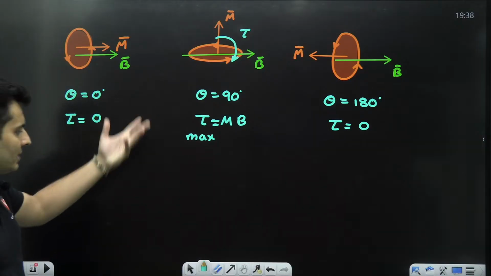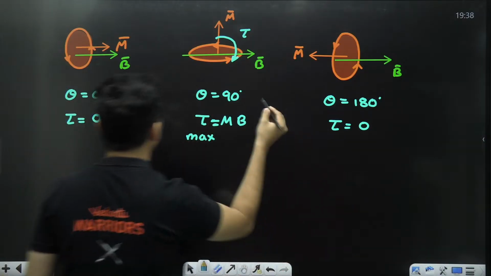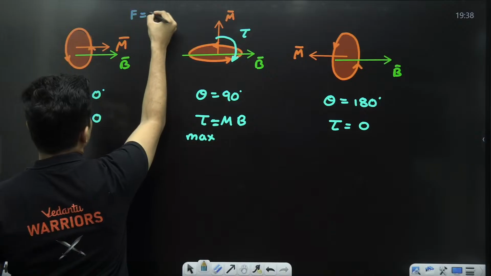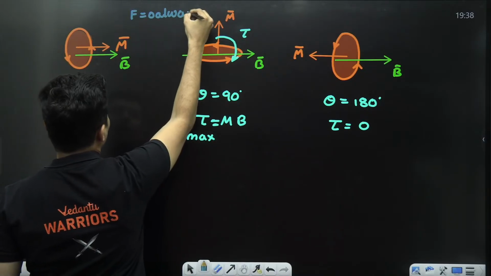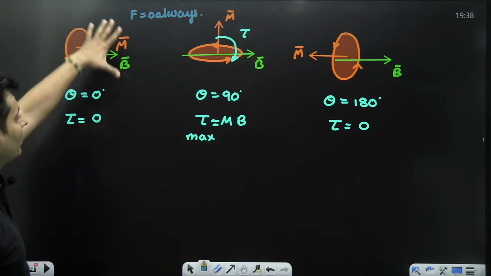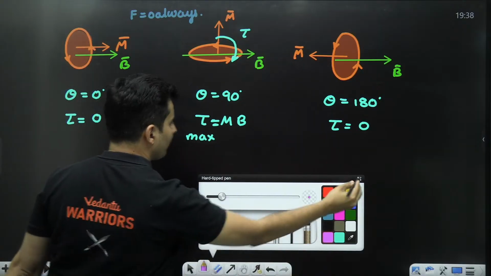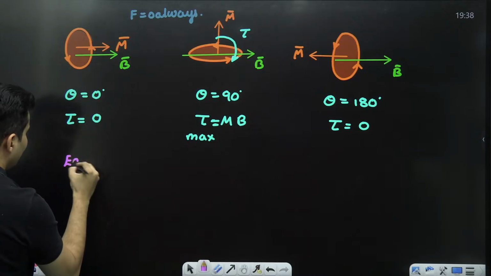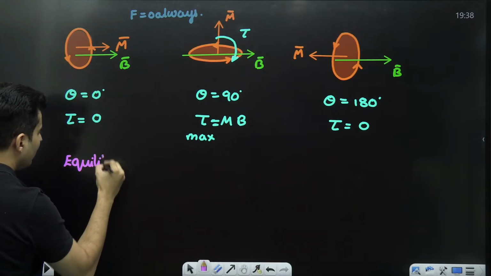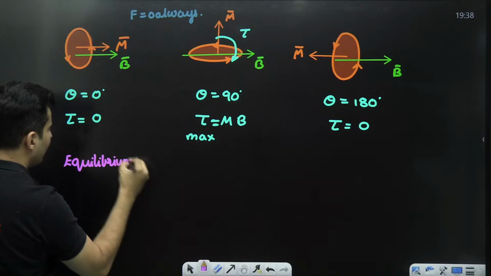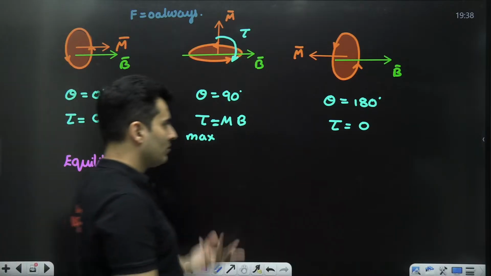Here, because the torque is 0 and anyways force is always 0, whenever force and torque both are 0, that is the condition of something called equilibrium. So this is definitely in the equilibrium condition when the angle is 0, the torque and force were 0.